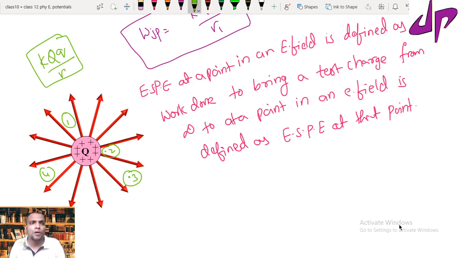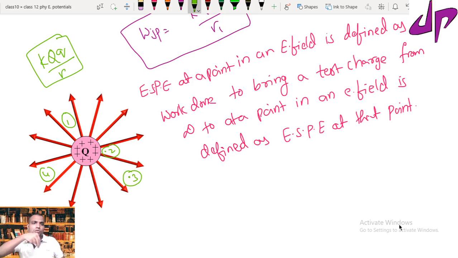So how do we define this potential energy? To define potential energy, I need to do work. It means I need to bring a positive test charge from infinity to a point in the electric field.